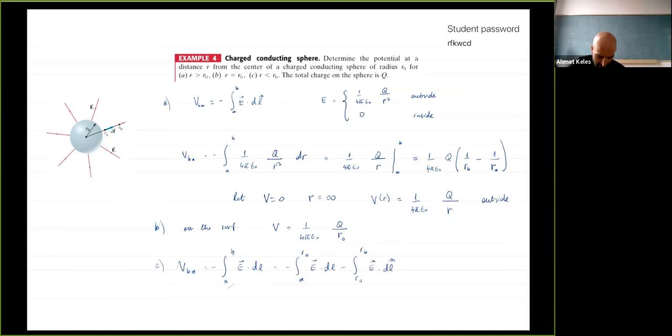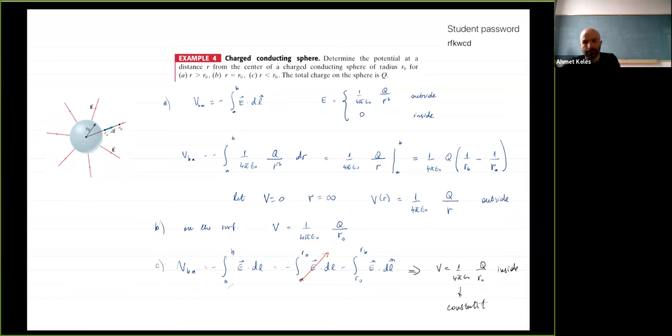And we know the electric field inside is 0, so the first term gives you 0. And the second term is basically the same as this one. So V is equal to 1 over 4 pi epsilon naught Q over R naught inside, which is a constant.